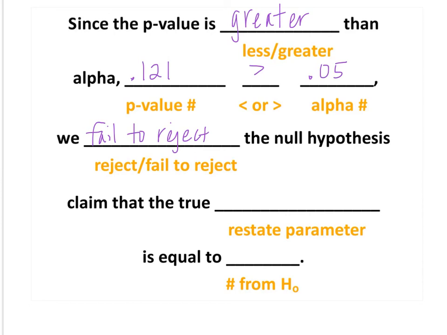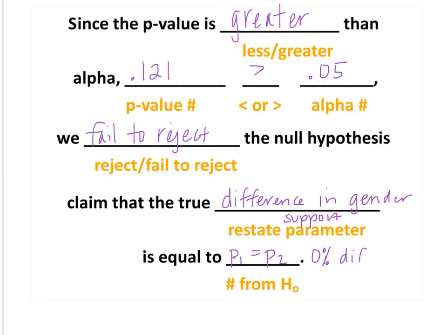the null hypothesis claim that the true difference in gender support is equal to, P1 equals P2, or is equal to a 0% difference. So I'm saying I don't have enough evidence to say there's a difference.